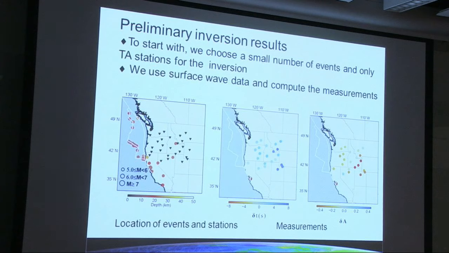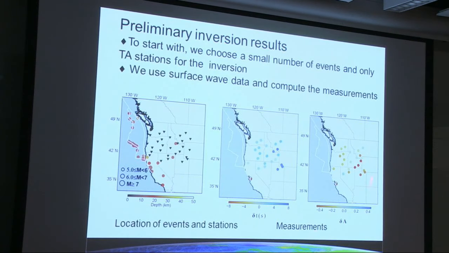As an example, for an event in California, we show the travel time measurements, and we can see around the Newberry hotspot track we have smaller travel time differences within 4 seconds, but we have some large values around the Yellowstone hotspot track.